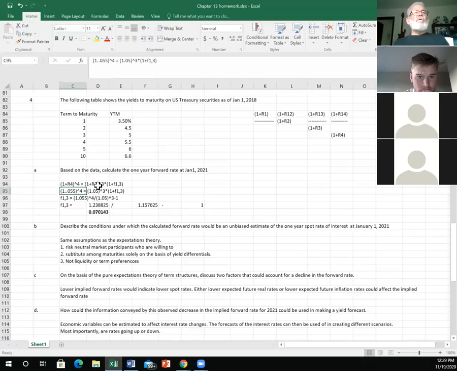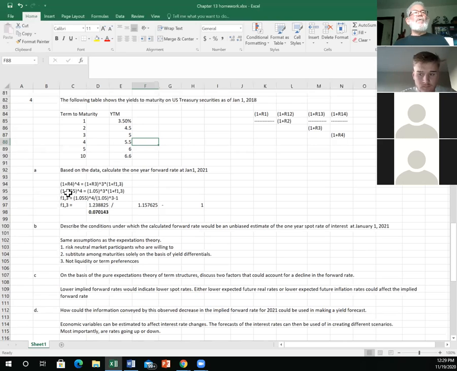And then, so we know this one is 1.055 right there. And we know that the 3-year rate is 1.05. It's 5% right there. What we don't know is what would be the 1-year rate here. So we had a 3-year rate and a 1-year rate. It has to be equal to this 4-year rate.